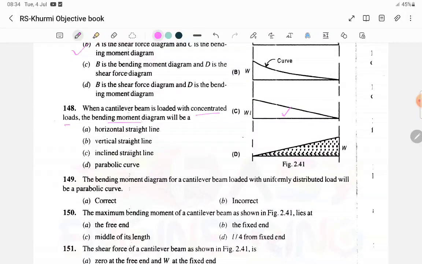The bending moment diagram will be an inclined straight line. So 148 is C. Because whenever a concentrated load is on the beam, the shear force will come like a box and this one will come like a triangle. So inclined straight lines.